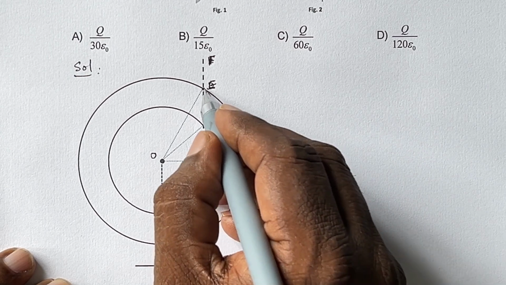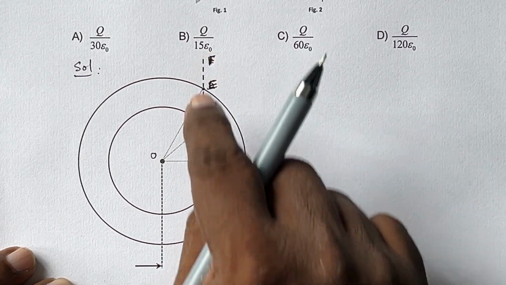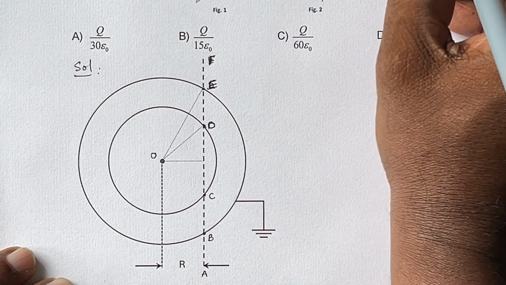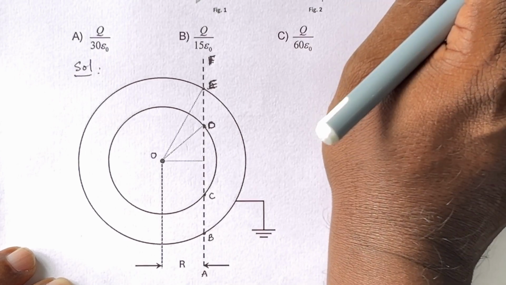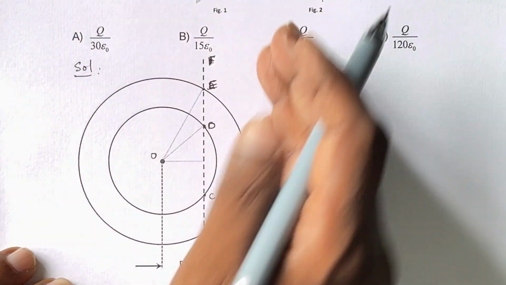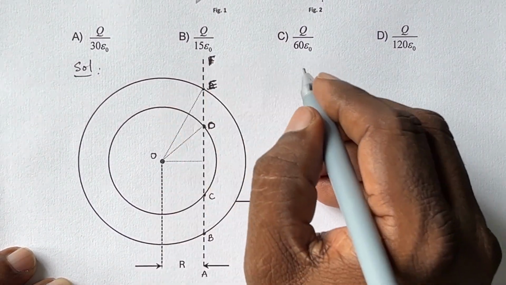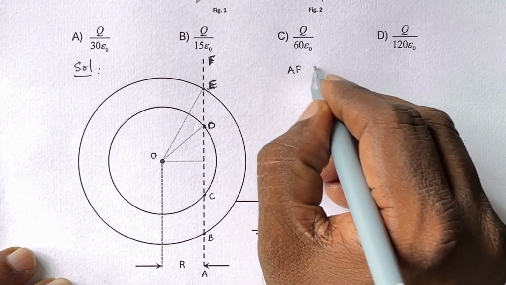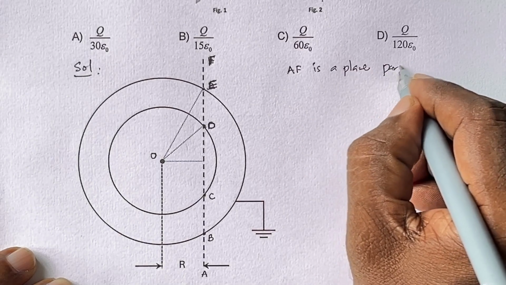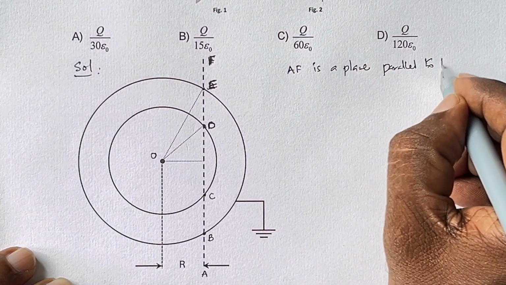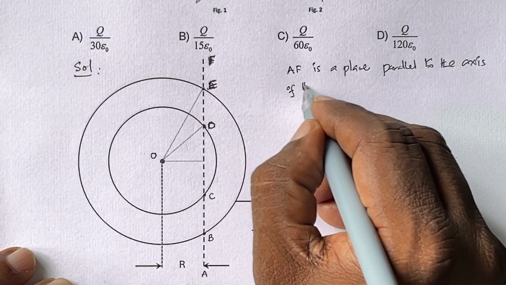So AF is an imaginary plane of the same length L, at distance R from the common axis of the cylinders, and it is parallel to the axis of the cylinder.